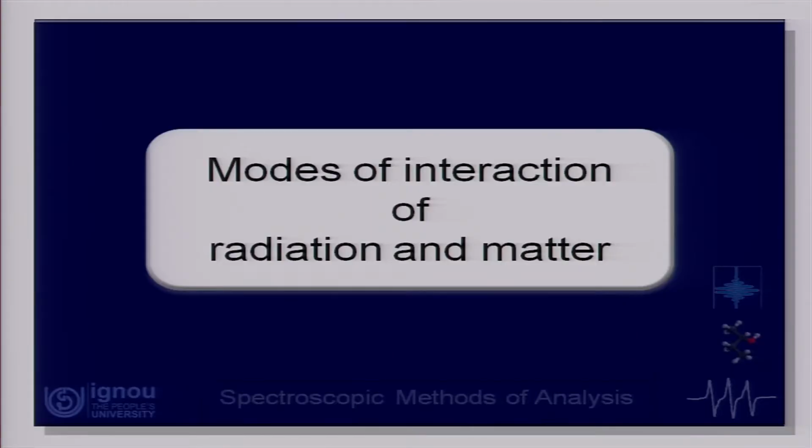Okay. Now, let us move further and see what the different possible modes of interaction of radiation and matter are, because spectroscopy we defined as the study of interaction of radiation and matter. In what possible ways can radiation and matter interact? Let us learn about that. When the radiation comes and interacts with the matter, there are three possibilities.